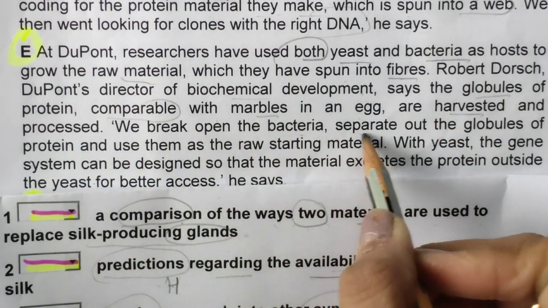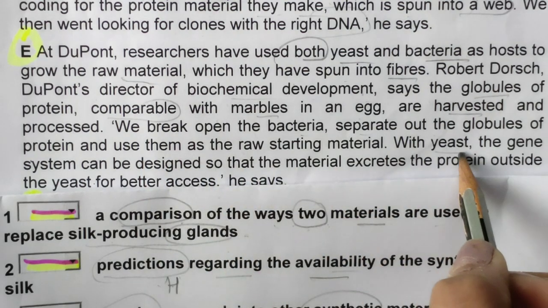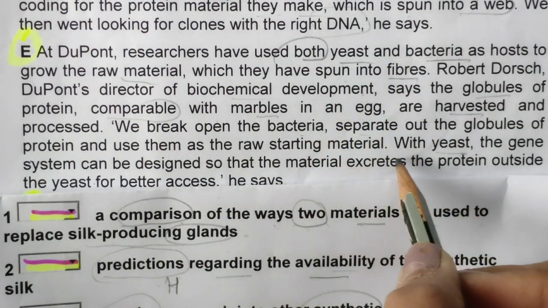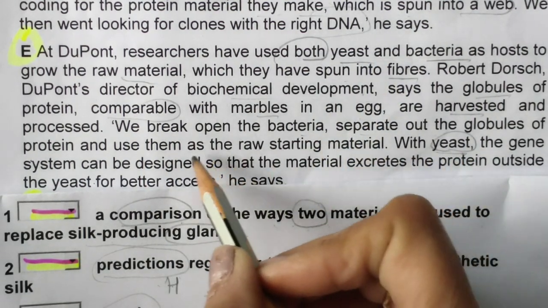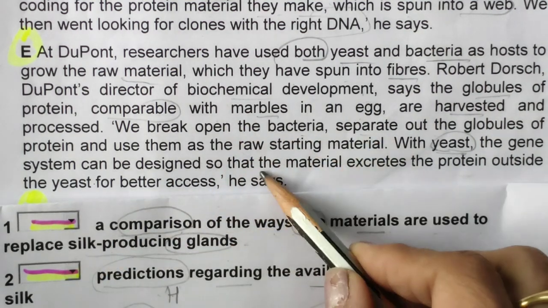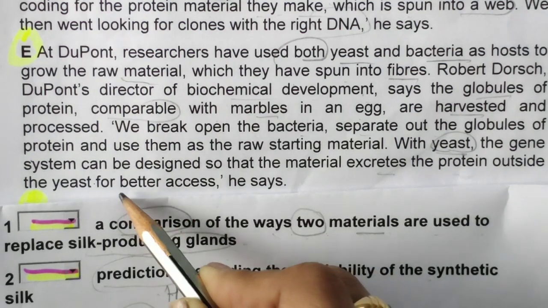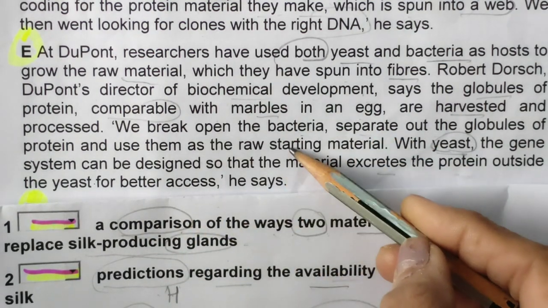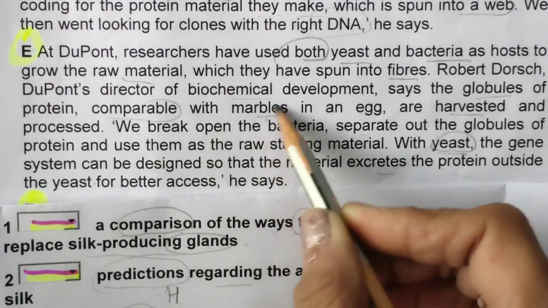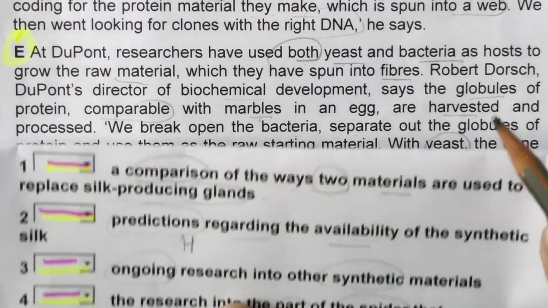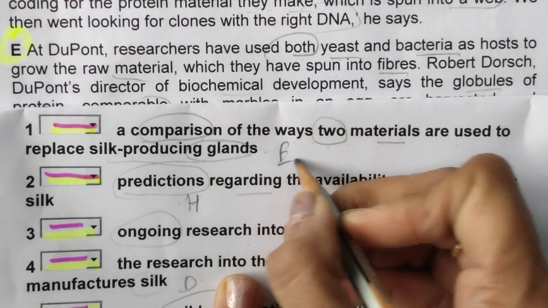We break open the bacteria with yeast. Now first they were talking about bacteria and now they are talking about yeast. The gene system can be designed so that the material excretes the protein outside for better access. So here they were comparing between these two things, so I will be marking it E.